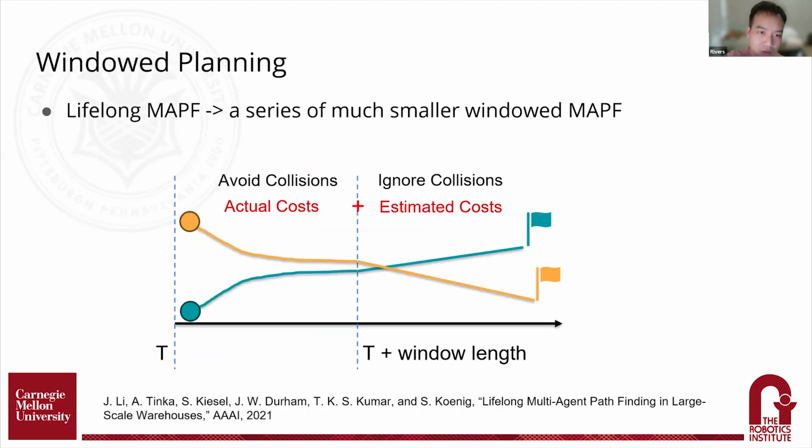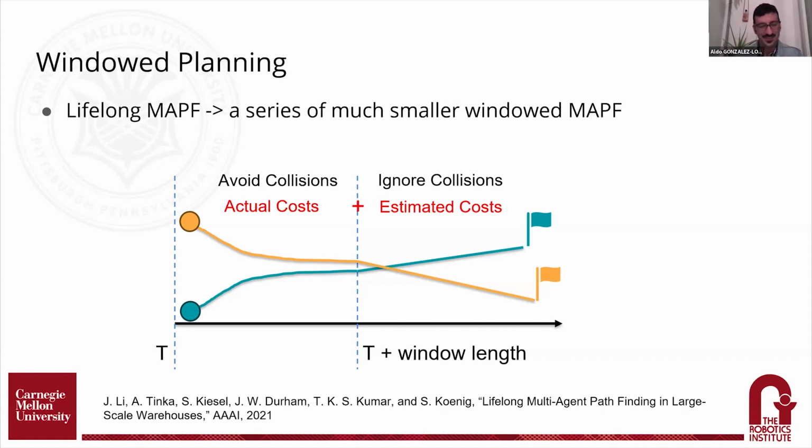We have an objective function here, which is the actual cost plus the estimated cost. So if we update a subplan for a subset of agents, then we just get a new cost for this subset of agents. And the cost for the remaining agents just stays the same. And so we can compare whether we get an improvement.